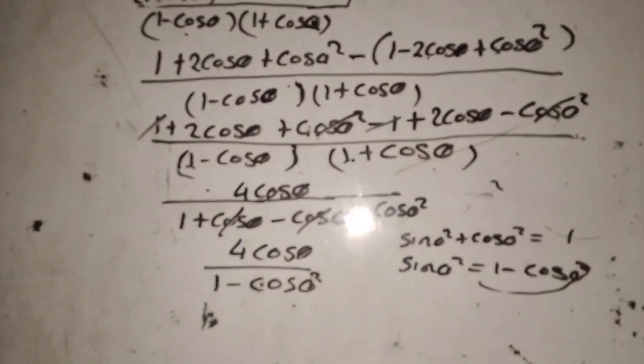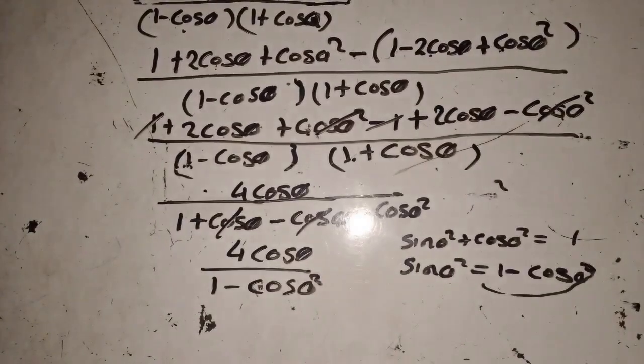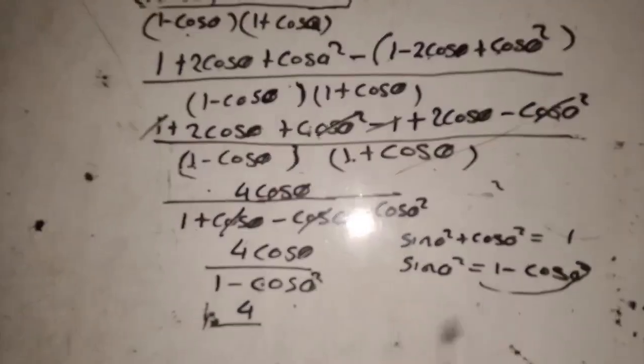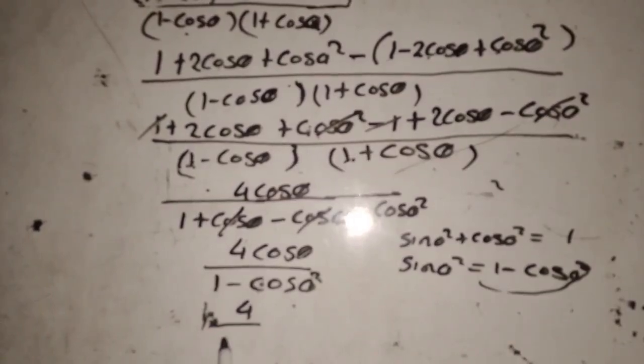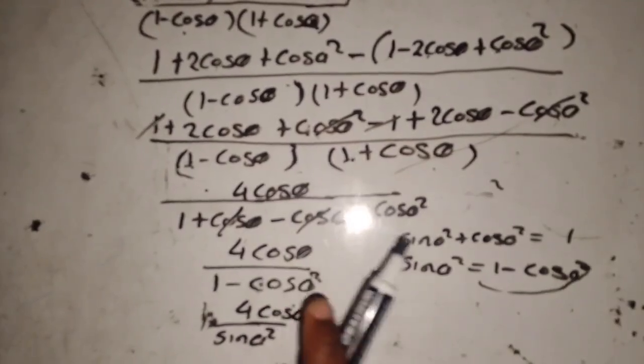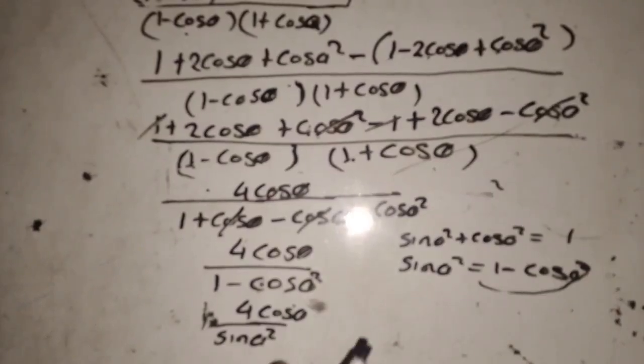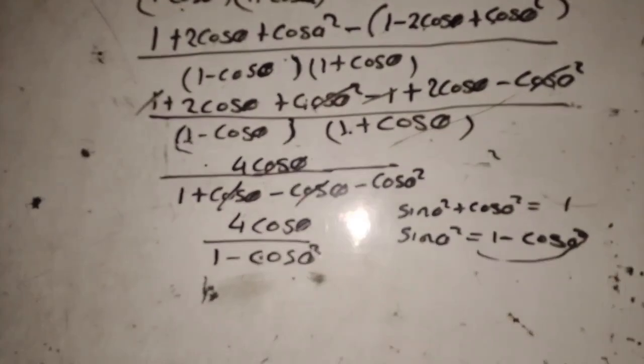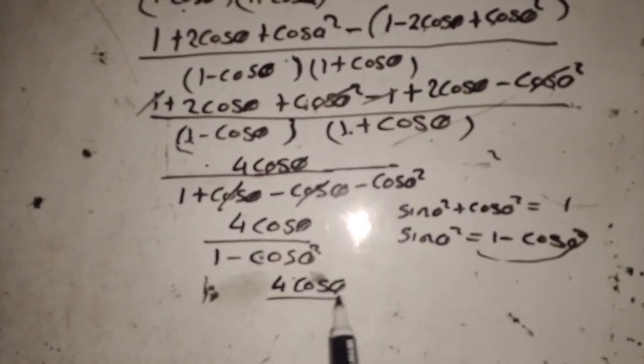So let's proceed. We are going to have 4 cos theta over sin theta squared, according to the equation which we have proven.